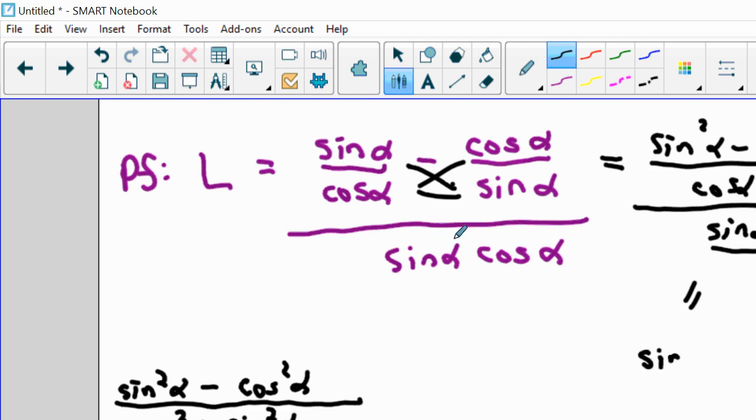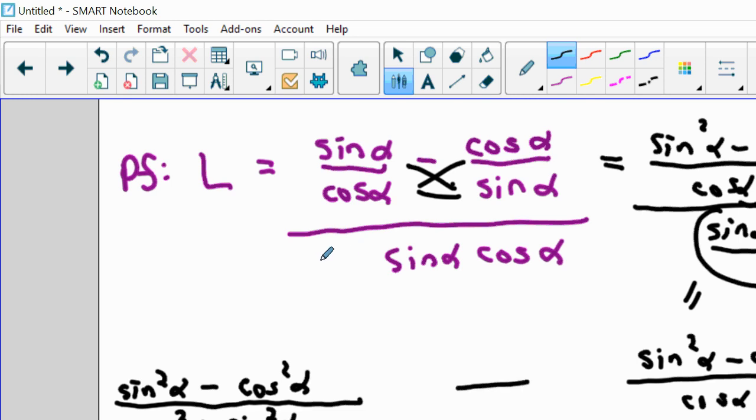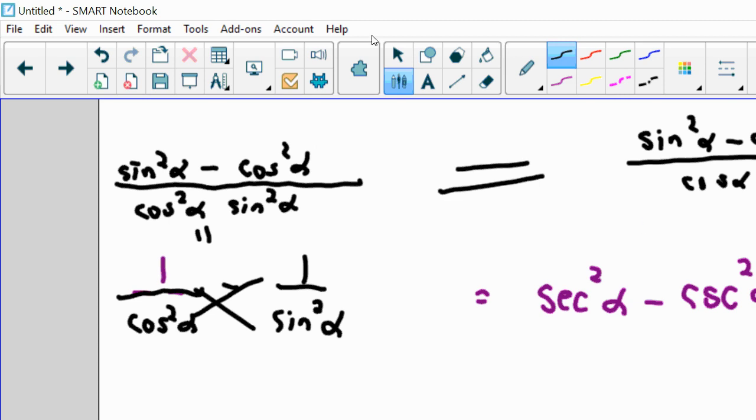So I'm going to go sine squared alpha minus cosine squared alpha over cosine alpha sine alpha times 1 over sine alpha cosine alpha. Remember, you must copy the top, dot it, flop it, or invert and multiply, and I net in the middle. Those two things are exactly the same. I get to reward myself by making a little square box, which means end of proof.